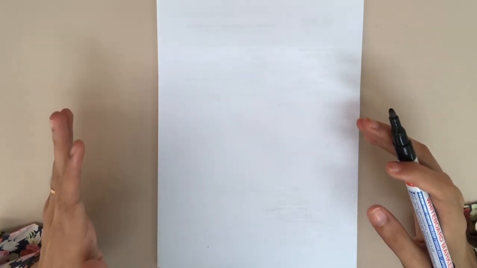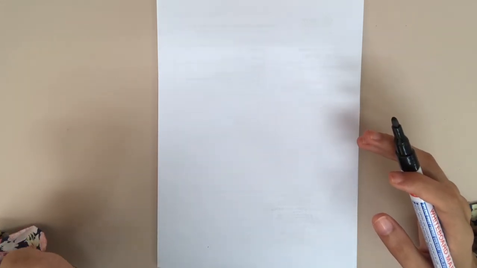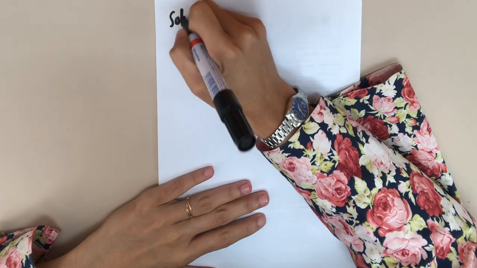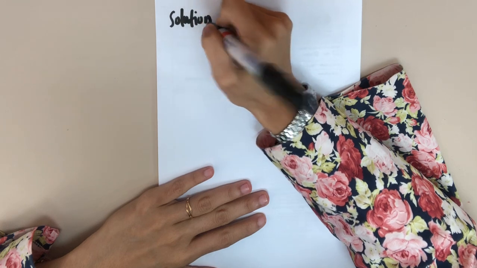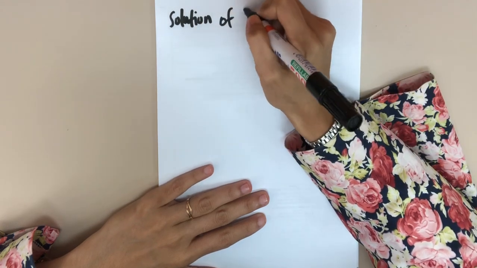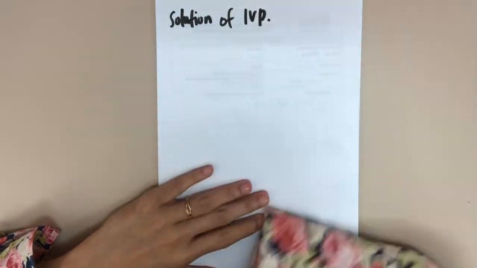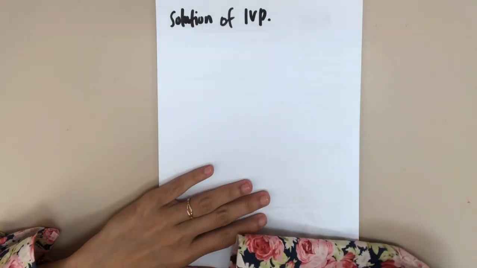If you still remember, in the previous chapter we used undetermined coefficients, variation of parameters, and so on. For this chapter, we use Laplace transform to solve the initial value problem. So our topic for this week is the solution of IVP, in short form, initial value problem.